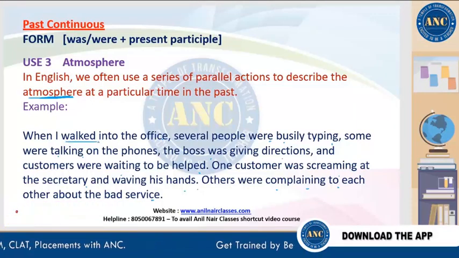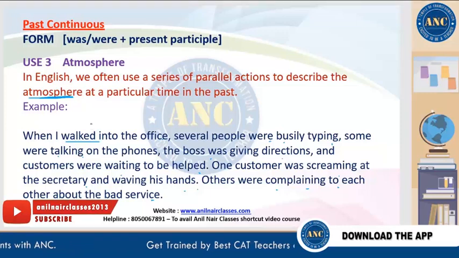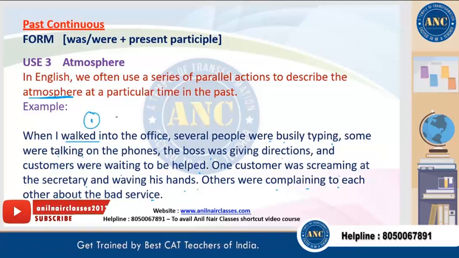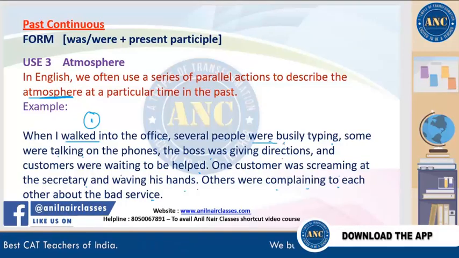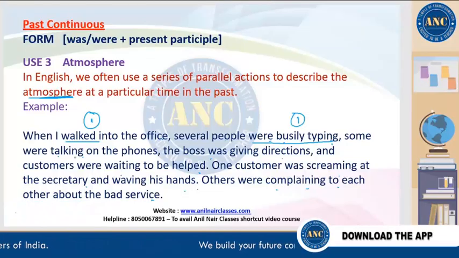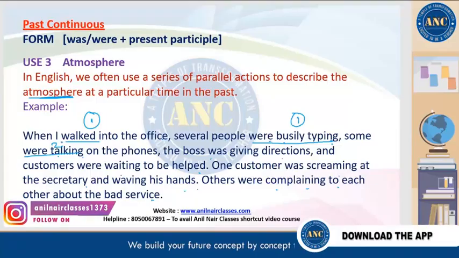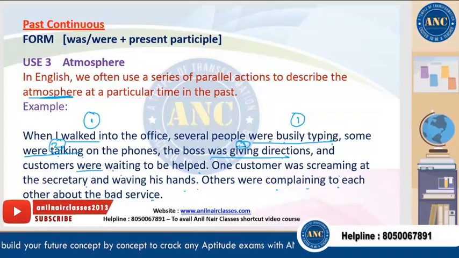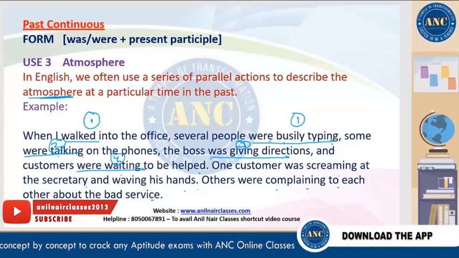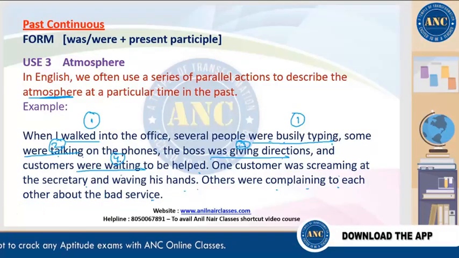So what was the atmosphere in the past? He walked into the office, right? That was one action. Now parallelly at that time he is trying to explain what was happening. The people were busily typing. This is the first action. Second, they were talking over the phone. Third, their boss was giving directions. Fourth, customers were waiting. All those actions were continuing in the past at that time for a long time, right?